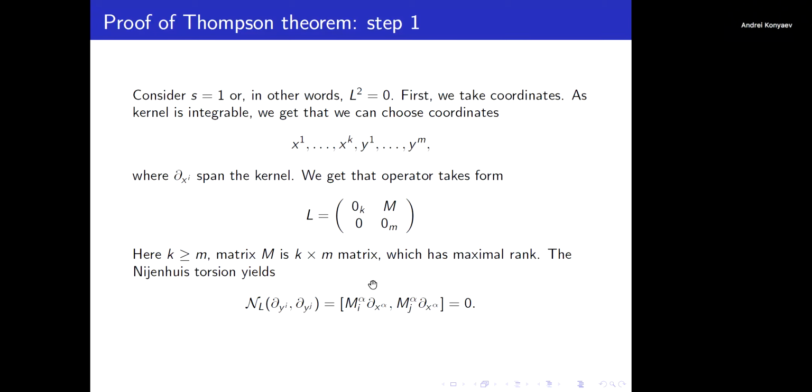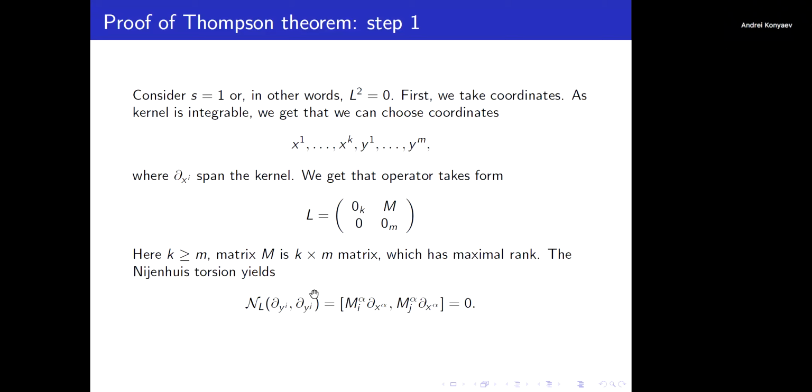So now if we have those mixed L and X, we see that if we take the vector field of this form and commute it with any other basis vector field, we get a vector field from the kernel. We see that this commutation is a vector field from the kernel. That is why when we apply L to it, we get 0.